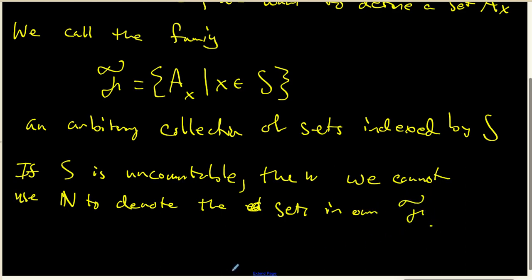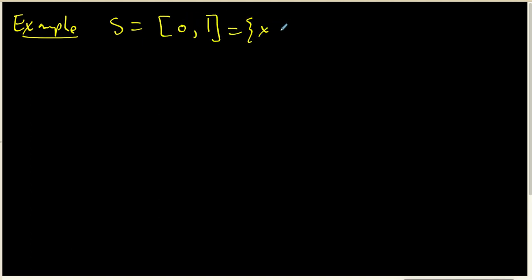And that's one of the reasons that we need this kind of notation, is that we can have uncountable families of sets. I would like to actually look at an example of an uncountable family of sets. So as an example, I want to let my indexing set be the closed interval between 0 and 1. And this is all the real numbers such that X is between 0 and 1 inclusive.